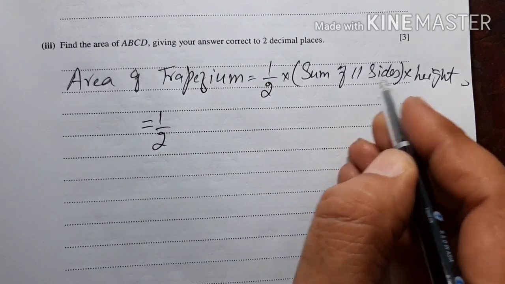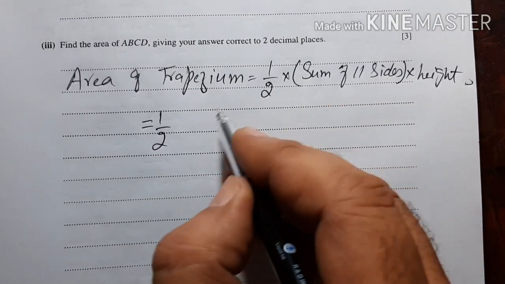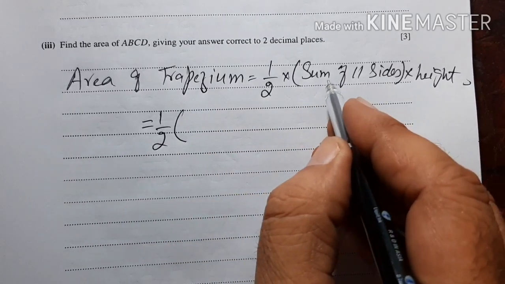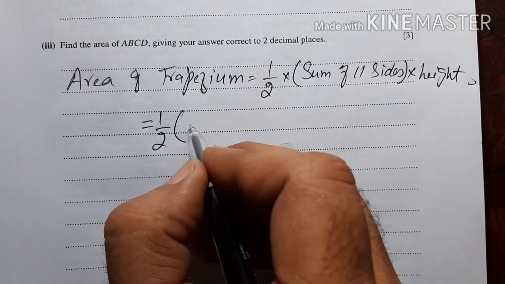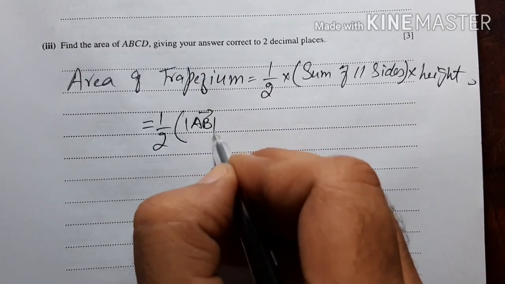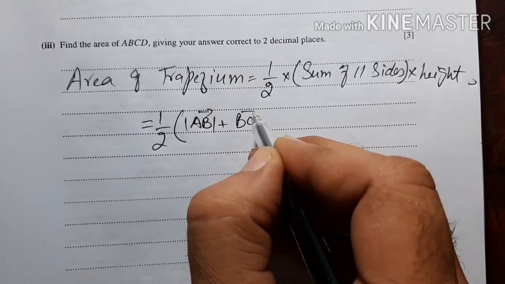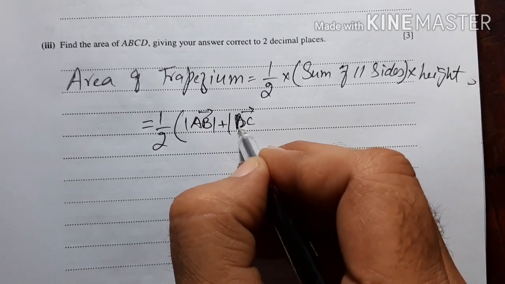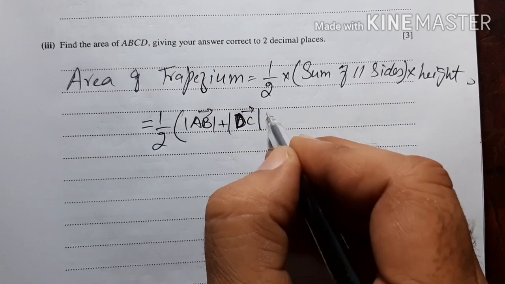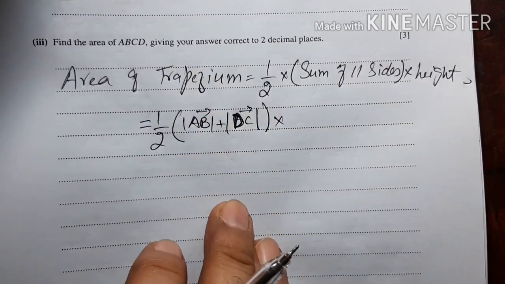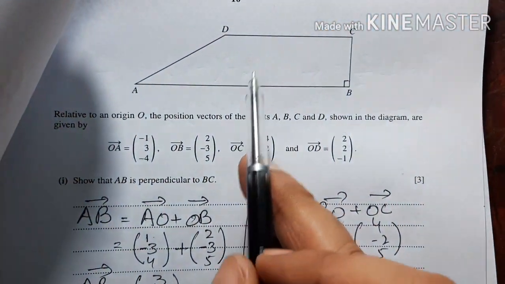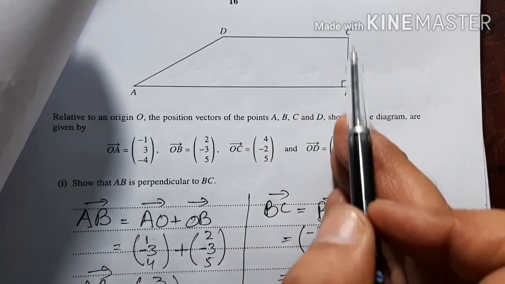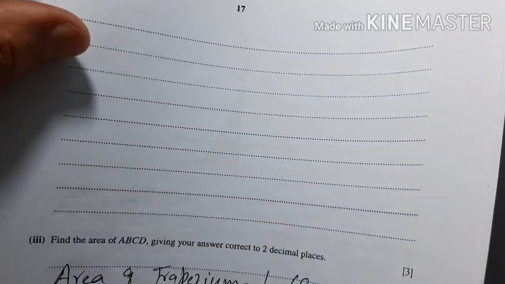We'll use the lengths here, actually we'll use the magnitude of vectors. So two parallel sides are AB and CD, which we proved in the previous part. So we'll use magnitudes here: AB magnitude plus DC magnitude into height. I can explain from the picture. These two sides are parallel and this is the height, BC. So I'll use BC magnitude here.